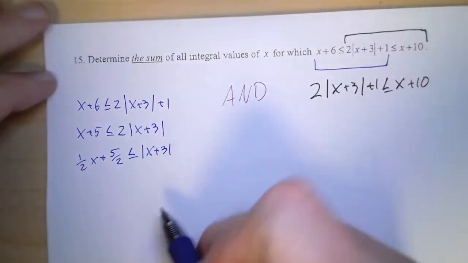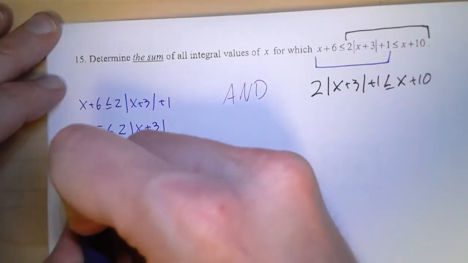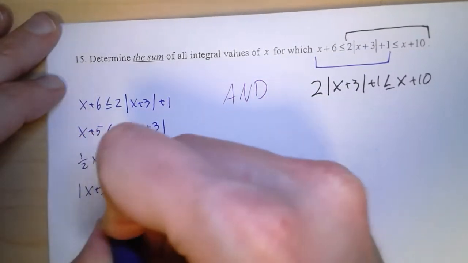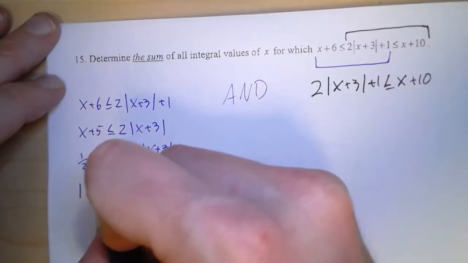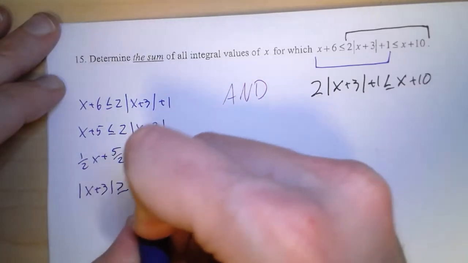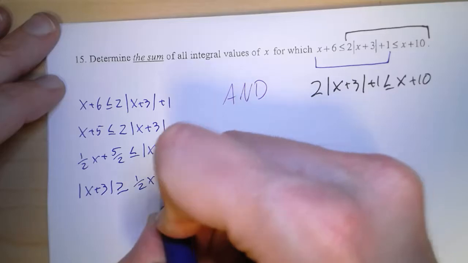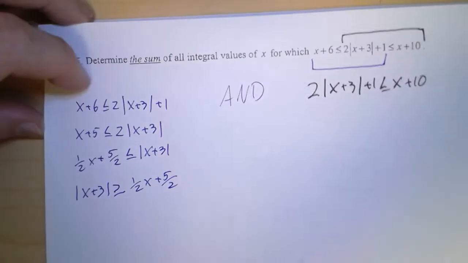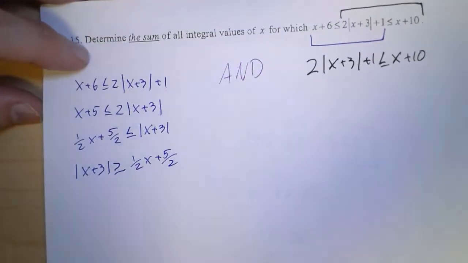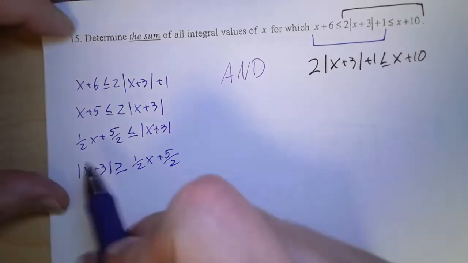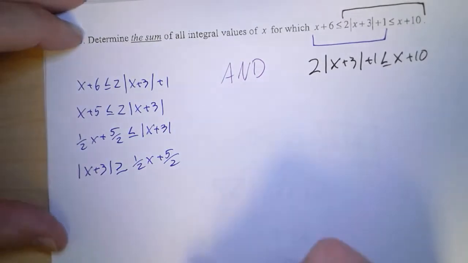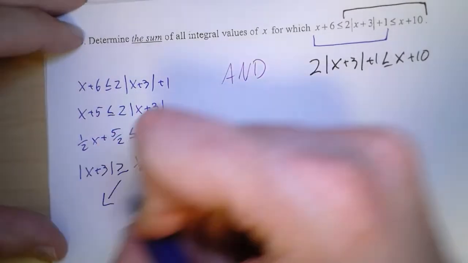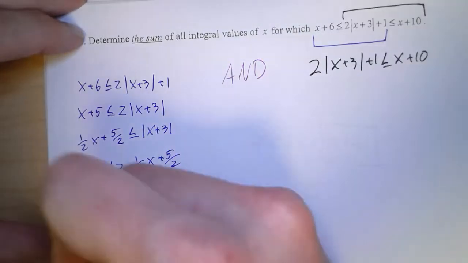Now I'm going to turn this inequality around. We have absolute value of x plus 3 is greater than or equal to 1/2 x plus 5/2. Now when we have an inequality with absolute value, if it's greater than, we break it up into two separate inequalities.